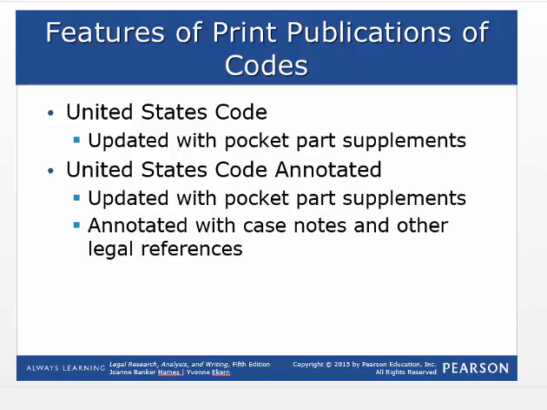These codes are bound. It's not like a 3-ring binder where you could 3-hole punch the supplement and put it in. Instead, they developed a system for adding supplements or changes to the codes in the book so that you didn't have to publish it every month. You're just publishing it once a year or periodically.